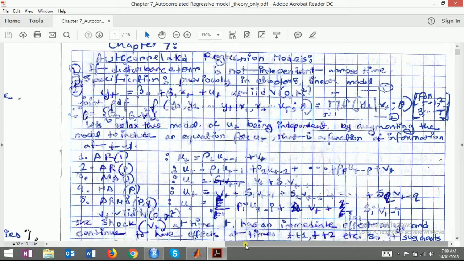Because y and x are both vectors carrying time series information, they progress over time. That's why y1 to yT and x1 to xT.